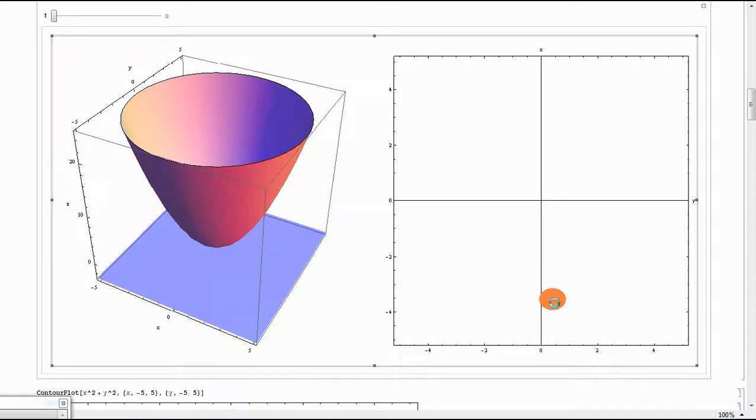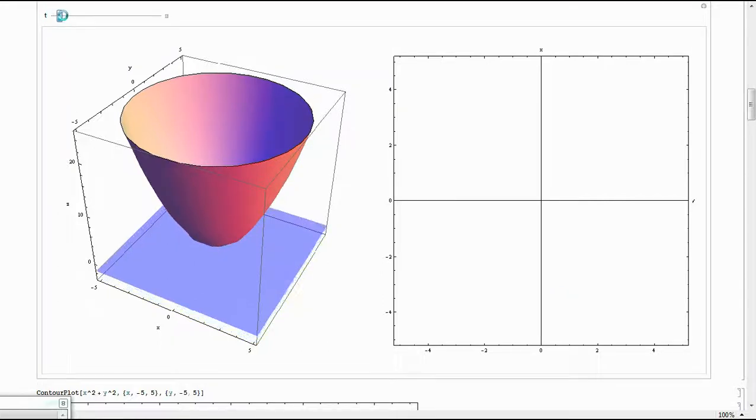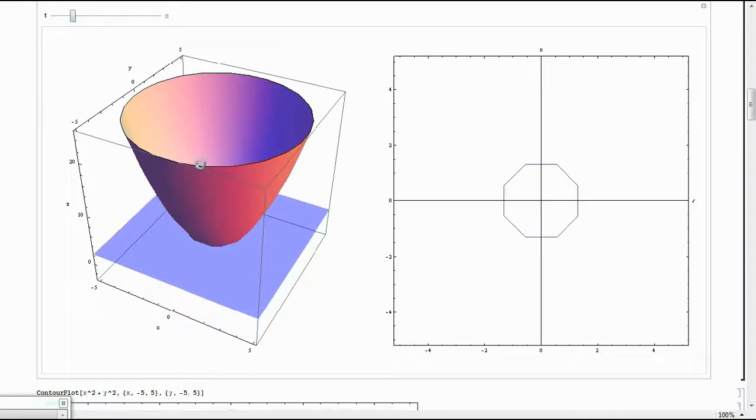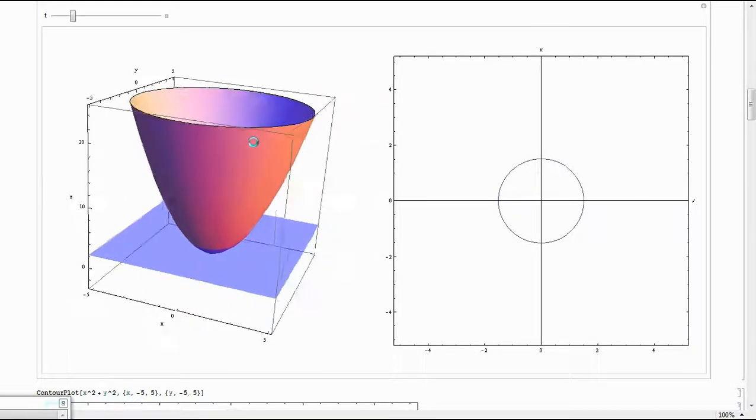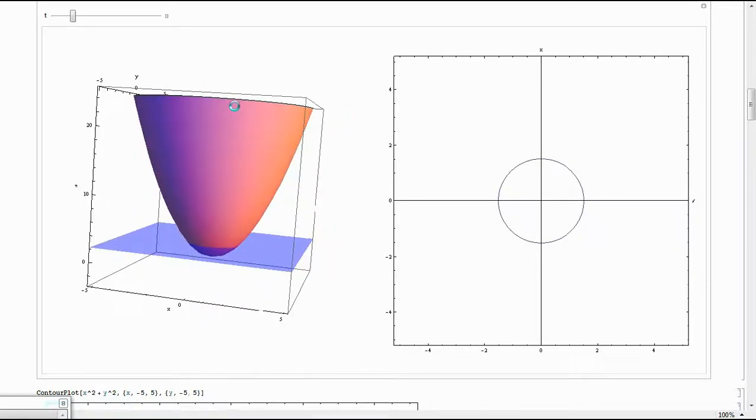Imagine that this blue plane right here, which is parallel to the XY plane, is your two-dimensional world, the flatland. And imagine that this elliptical paraboloid descends into this blue flatland so that it intersects this blue plane right here.